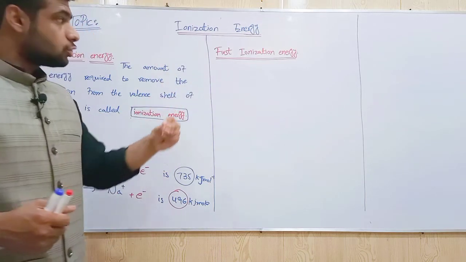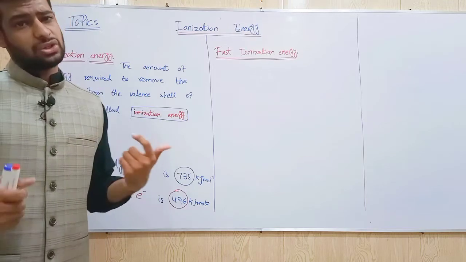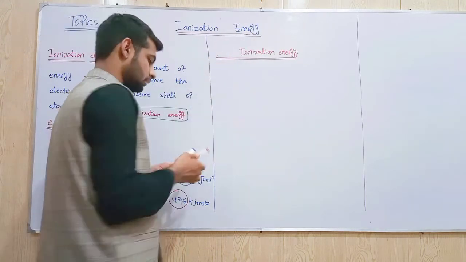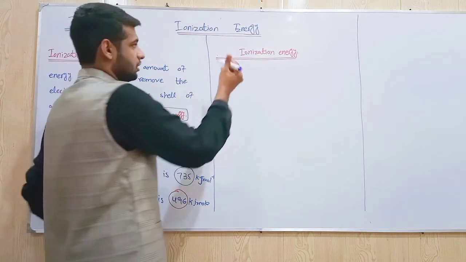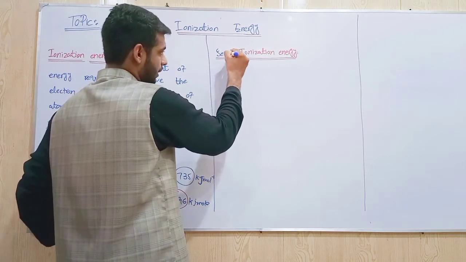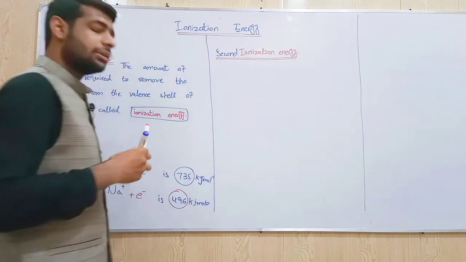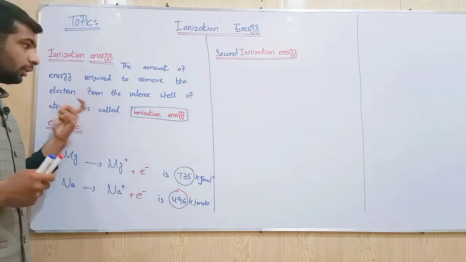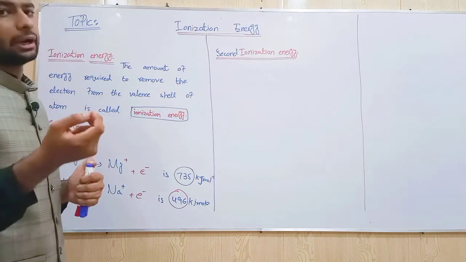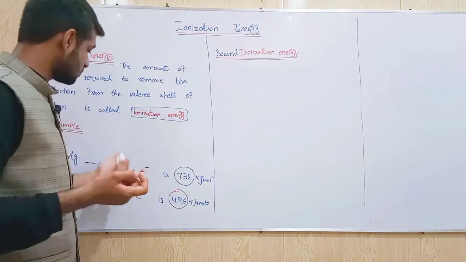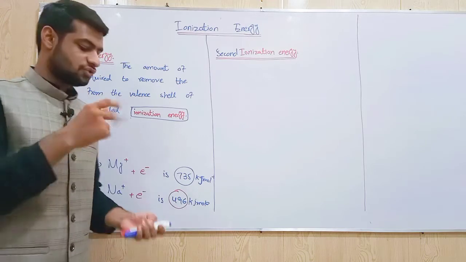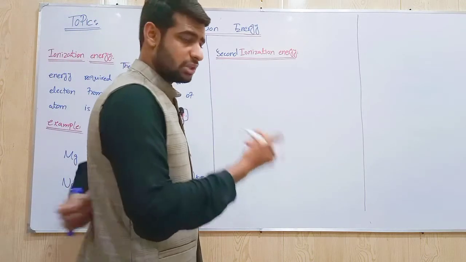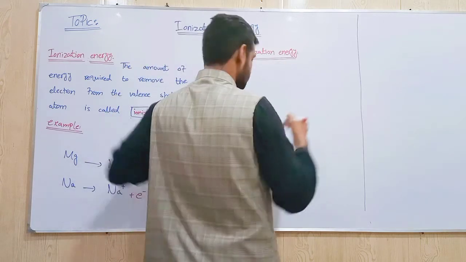Now, what is second ionization energy? The amount of energy required to remove the second electron from the valence shell of the same atom is called second ionization energy. I will write this definition.